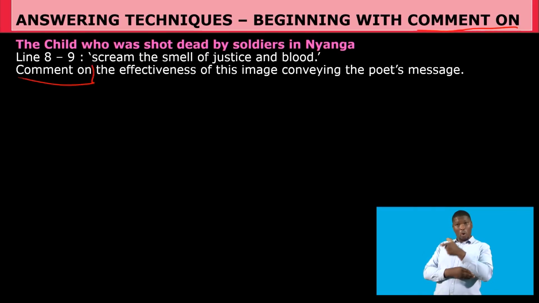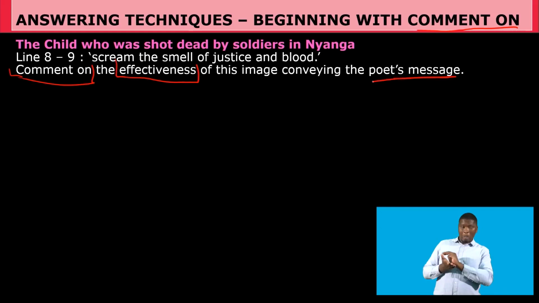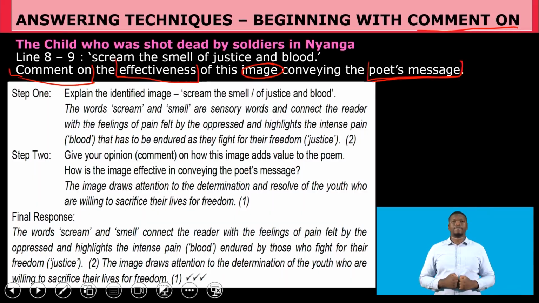Comment on. Remember, this refers to giving your opinion of something. That's the first aspect of the question, the effectiveness. So how effective is this image in conveying the poet's message? So we must refer to a specific image within these lines and how effective it is in giving the message of the poem. Now, explain the identified image.